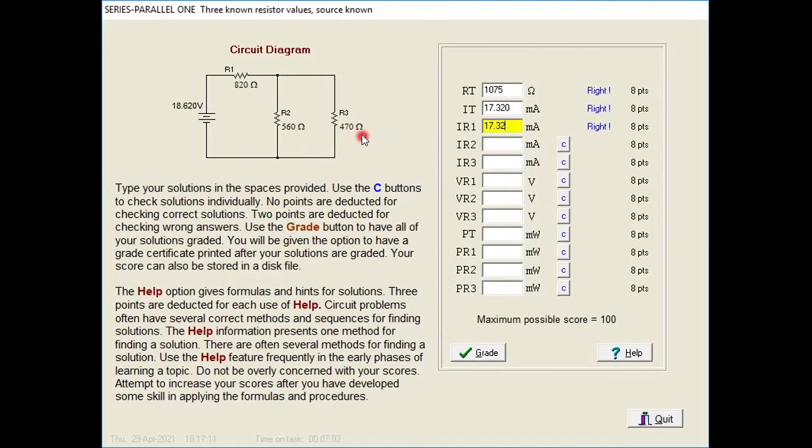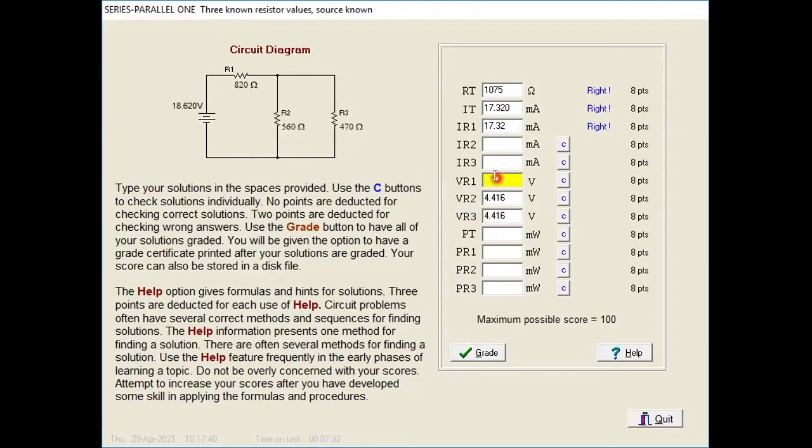It's the R equivalent that I told you to write down earlier. So it's 255 ohms, and we're going to multiply that by 17.32 milliamps, and that's going to give us 4.41 volts, 4.416. And don't forget, it's constant across the parallel, so you're going to put that in both of them.